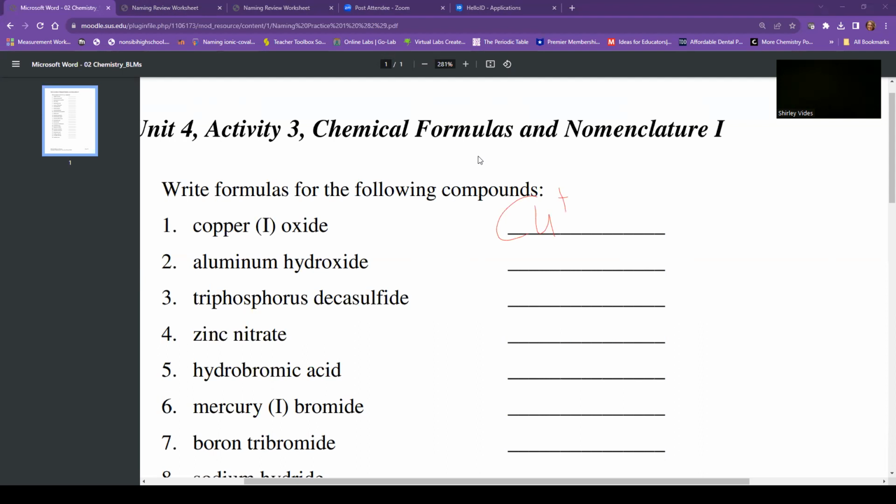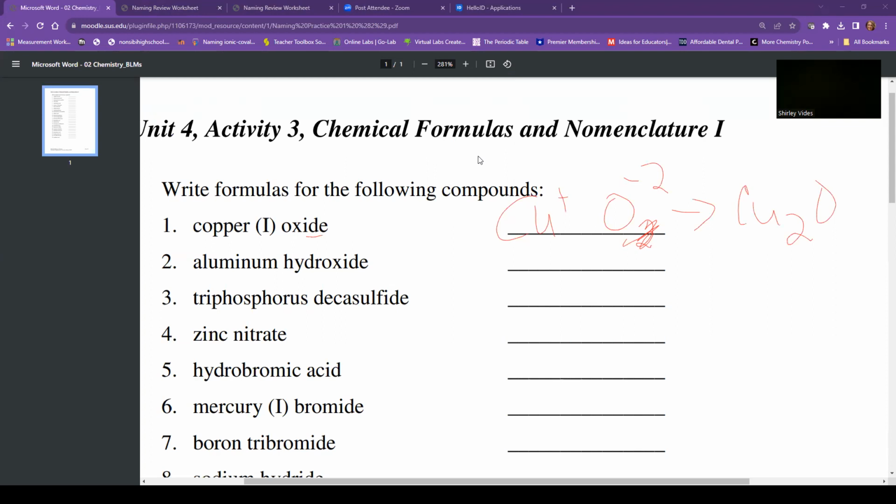And then oxygen, right? Because oxide, IDE, is telling me that's oxygen just by itself. So O is normally a -2. So when we crisscross, we get Cu2O. And there's your copper 1 oxide.